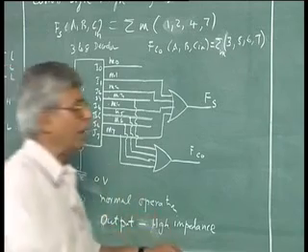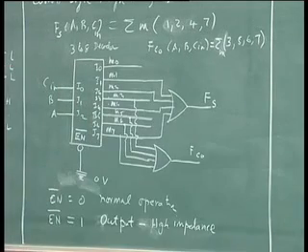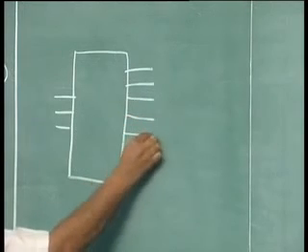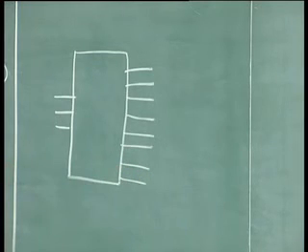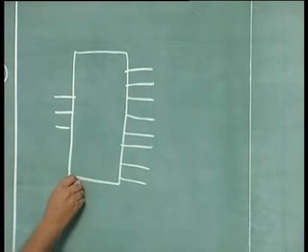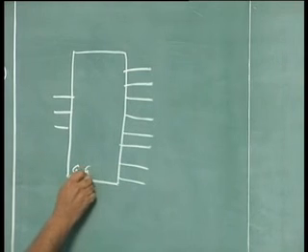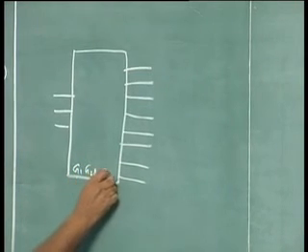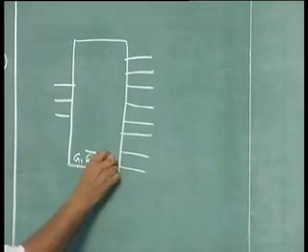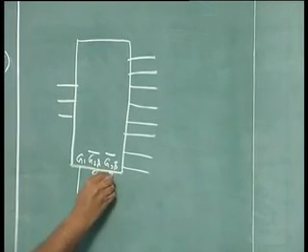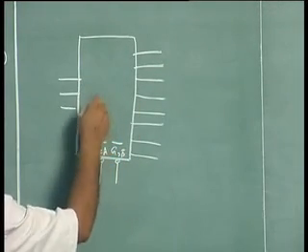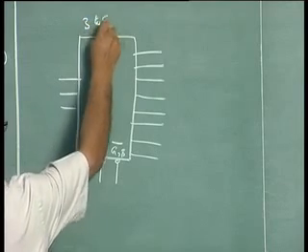In a practical decoder, like 3 to 8 decoder, generally there are 3 enables: G1, G2A, G2B. G2A and G2B are active low, G1 is active high. So if this circuit works normally, this is a practical 3 to 8 decoder.